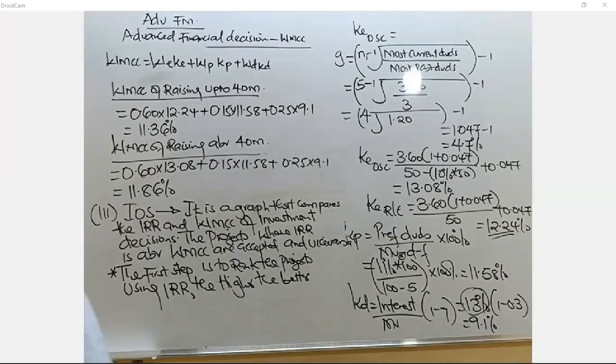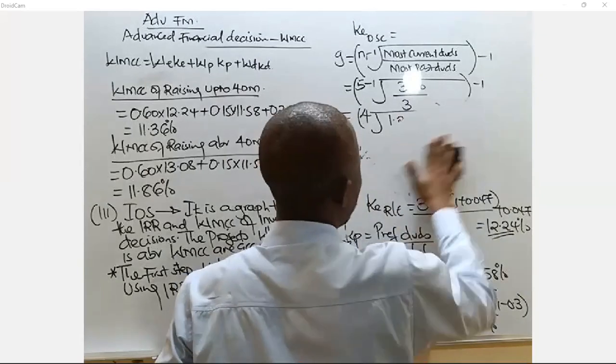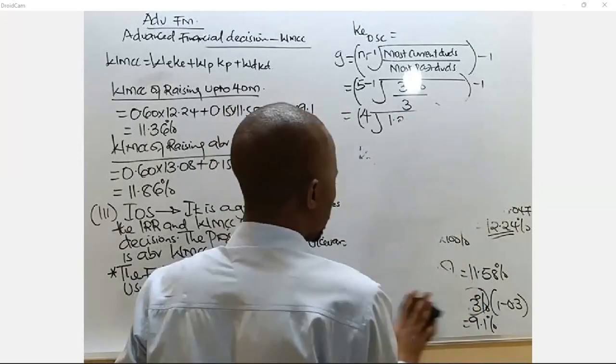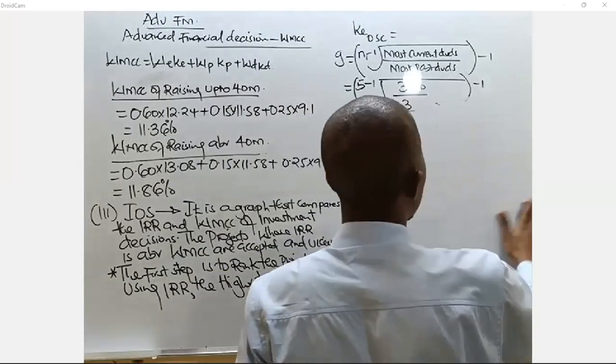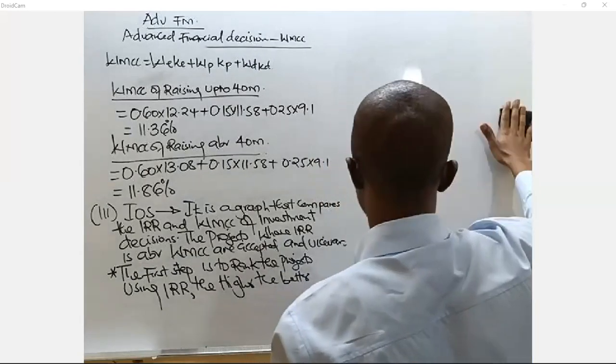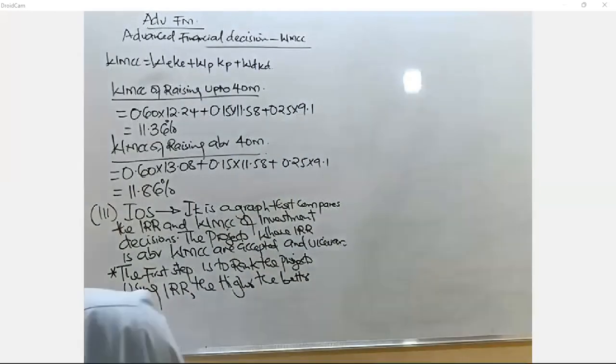So when the question looks like that, what are you supposed to do to draw your graph? Very simple. Just show the simplest way which you can use to answer that question, right?